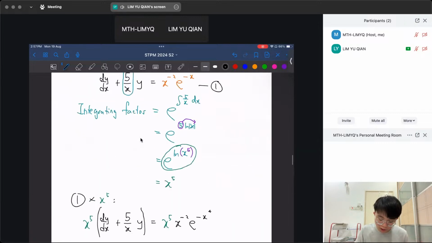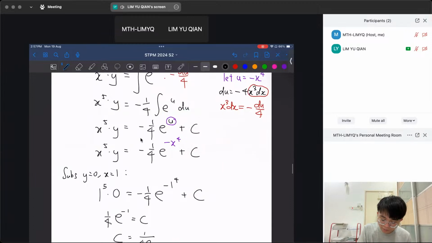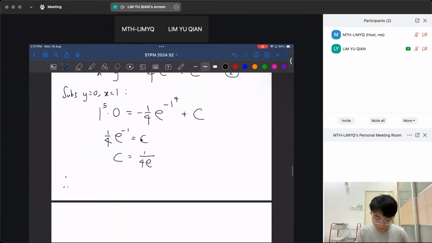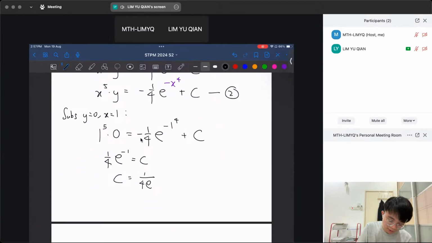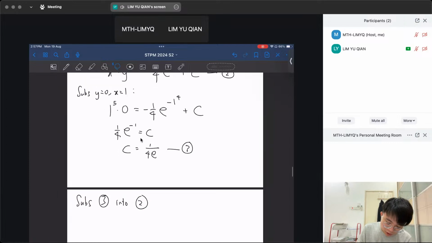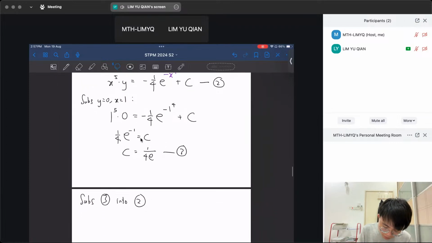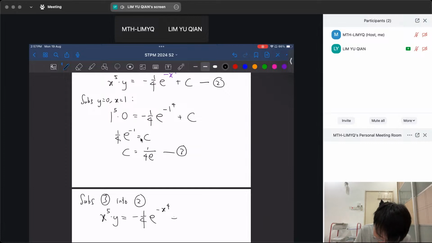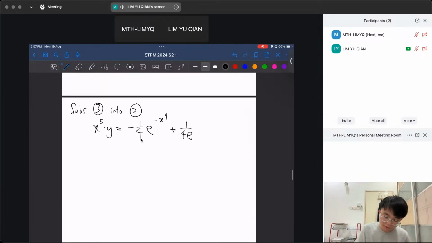Substitute this value of c back into equation 2, sub 3 into 2. So x power 5 y equals negative 1 over 4 e to the negative x power 4 plus 1 over 4 e.